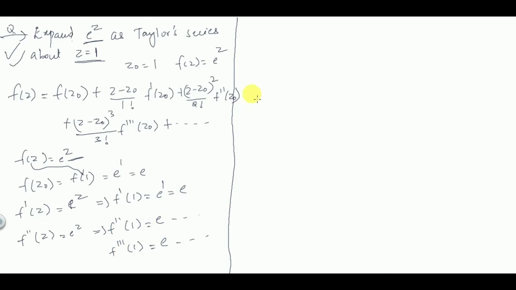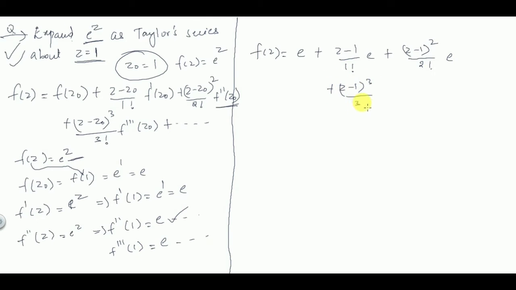Okay, so if you substitute here, what will happen? F of z is equal to f of z0, which is e, plus z minus z0, and z0 is 1, so z minus 1 by 1 factorial into e, plus z minus 1 whole square by 2 factorial into e, because f double dash of z0 is also e, plus z minus 1 whole cube by 3 factorial into e, plus so on.